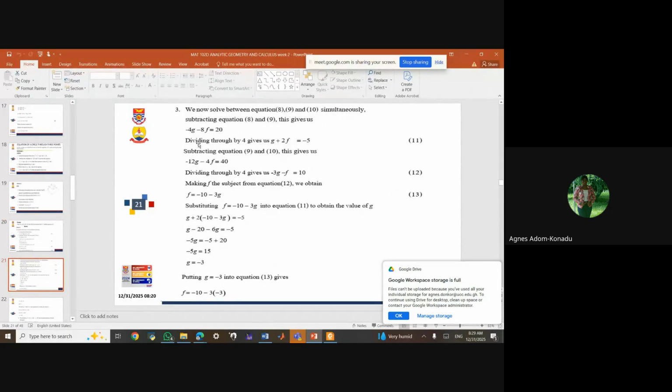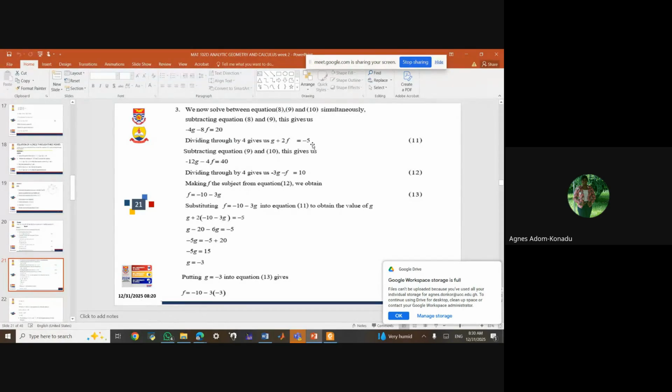The first one, we are dividing through by 4, and we're going to get g plus 2f is equal to minus 8. I think it was minus 4, not 4. We are dividing through by negative 4. Sorry, so that this will be positive. So g plus 2f is equal to minus 5.